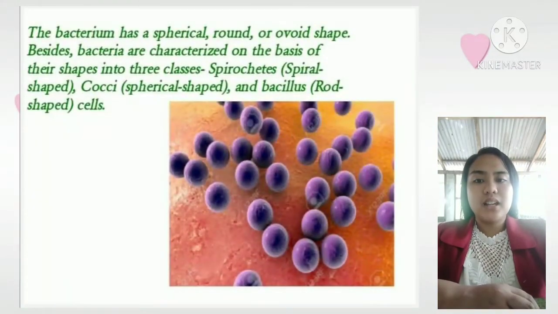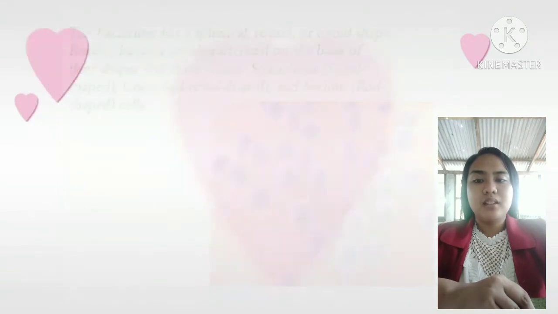Next one is the spherical or round ovoid shape. Bacteria are characterized on the basis of their shapes into three classes: the spirochetes or spiral shape, spherical shapes, and rod shaped cells.